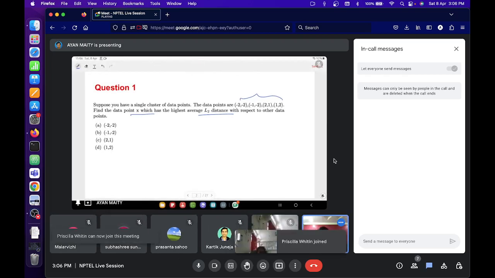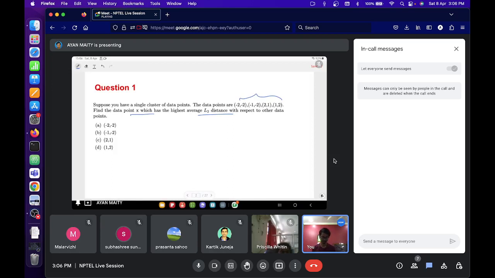You can write your answers in the chat. So basically you have to find out the distance from one point to all the other points, and then you have to find out the average of all the distances that you get from a given point.